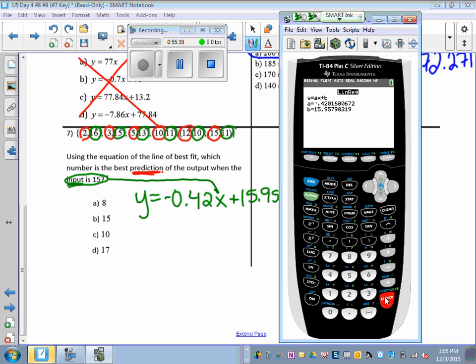So I take 15 and put it in for x. So in my equation, I have negative 0.42 times x, which is 15, plus 15.957. That gives me an answer of 9.657, which is closest to 10.